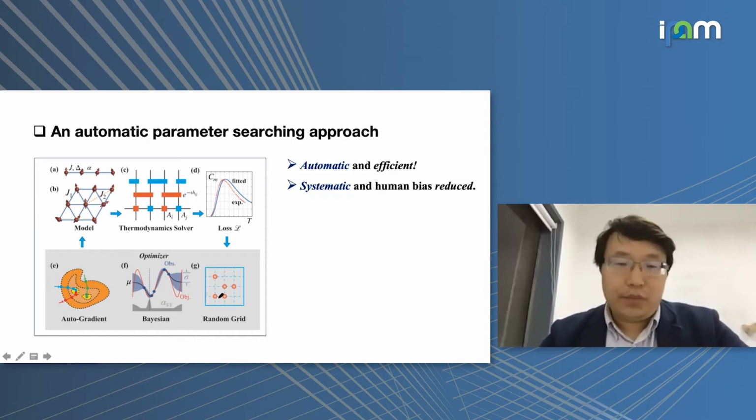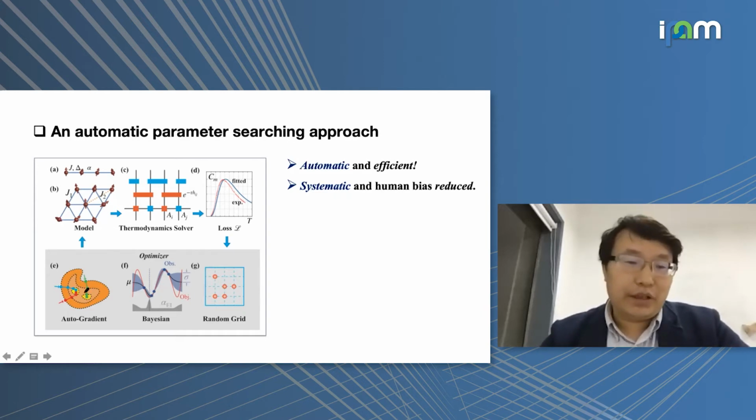The most naive optimizer is the random grid search, right? We just throw the dice and choose the next parameter point to compute. A better optimizer is autogradient, a gradient-based optimization. If we know the gradient of the loss versus the Hamiltonian parameters, we know how to decrease the loss.